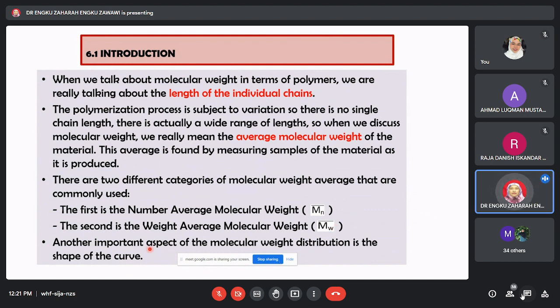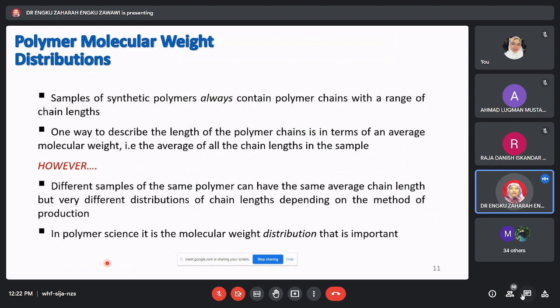Another important aspect of polymer molecular weight distribution is the shape of the curve. Satu lagi ialah bentuk curve of the molecular weight distribution. A sample of synthetic polymer always contains polymer chains with a range of chain lengths. One way to describe the length of the polymer chain in terms of average molecular weight is the average of all the chain lengths in the sample.